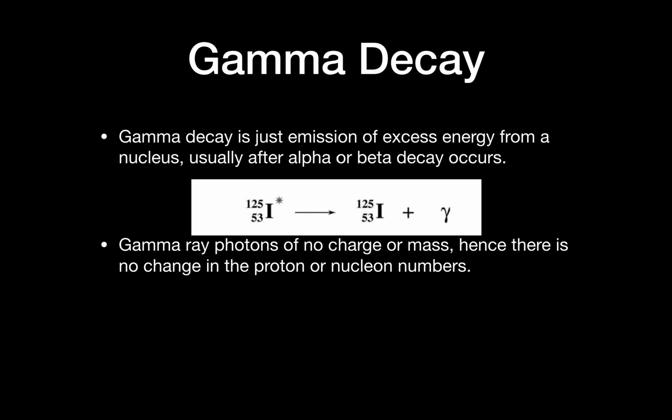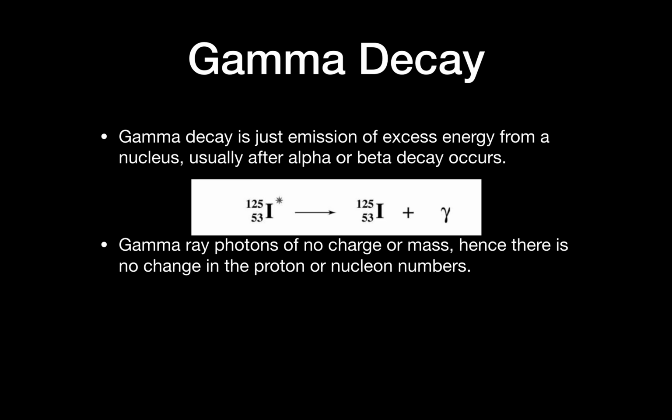Gamma decay is probably the most simple decay of all. It usually occurs in conjunction with alpha and beta decay and is only the emission of excess energy from unstable or excited nuclei. So you have an iodine nucleus on the left, and the star indicates an excited state or an excess of energy.